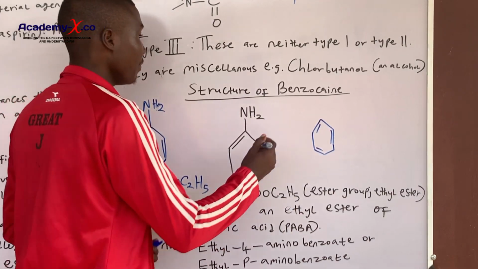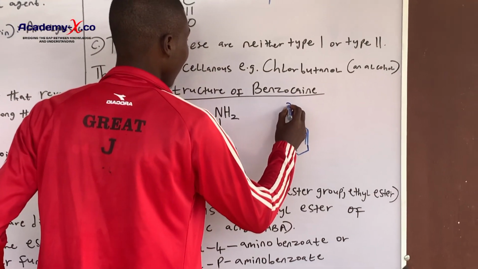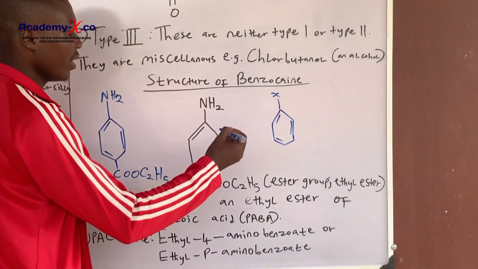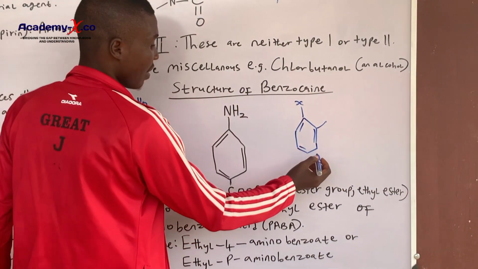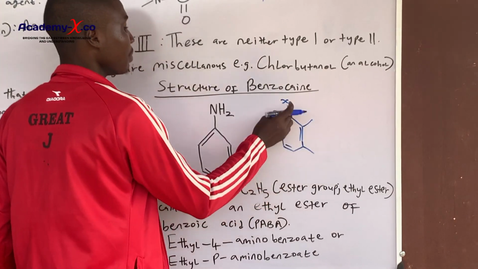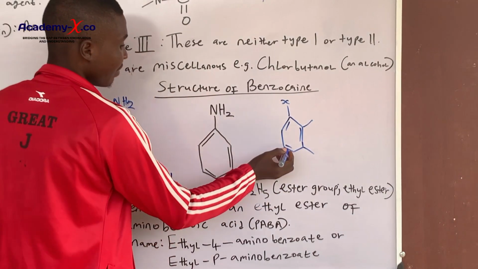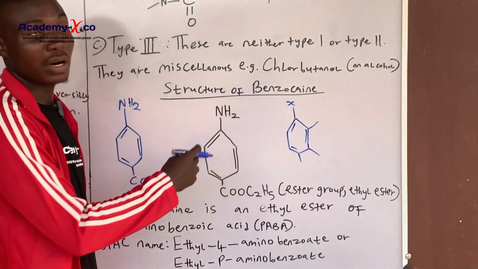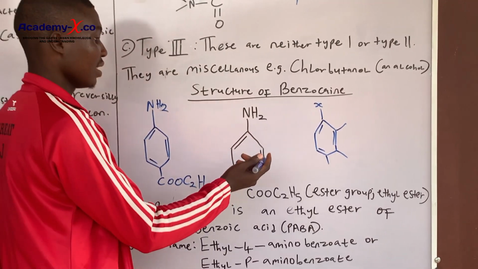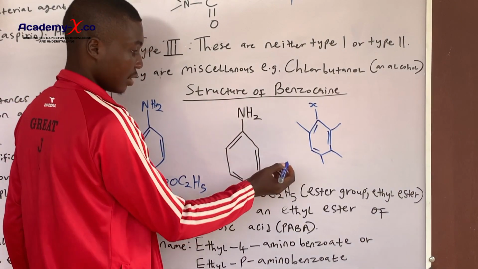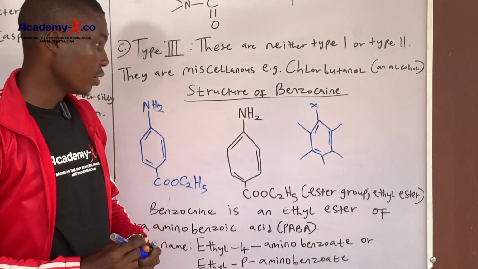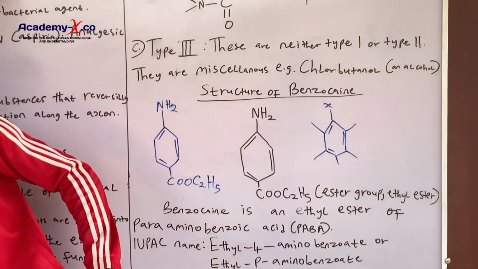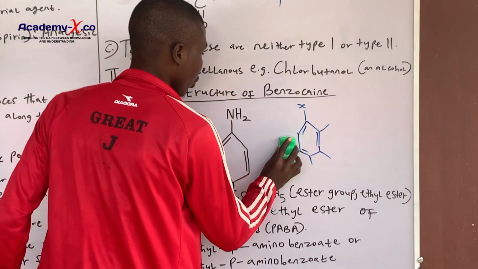For example, if I have a substituent here, say X, and then I have another substituent here, this substituent is ortho to X. If I have another one here, this substituent is meta to X, and if I have another one here, this substituent is para to X. In the same vein, this is ortho to X, this is meta to X, and this remains para to X. So that is basically what we mean by para, meta, and ortho.